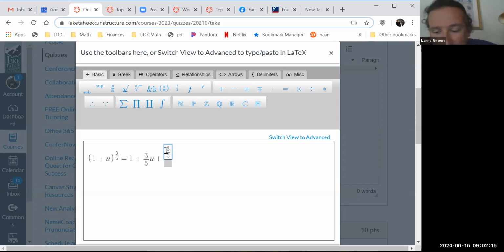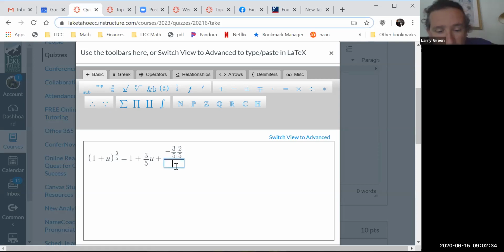And I'm going to put the negative outside. I have to go to fraction, 2/5.